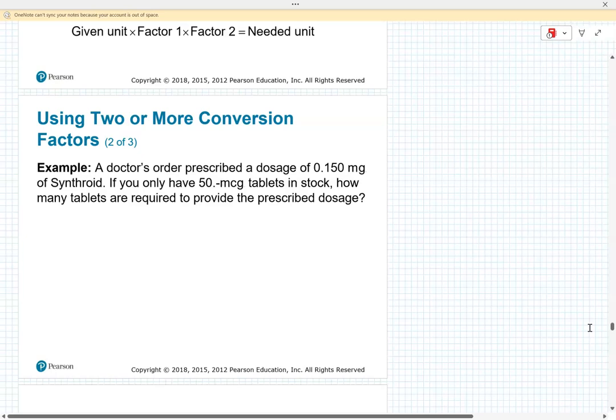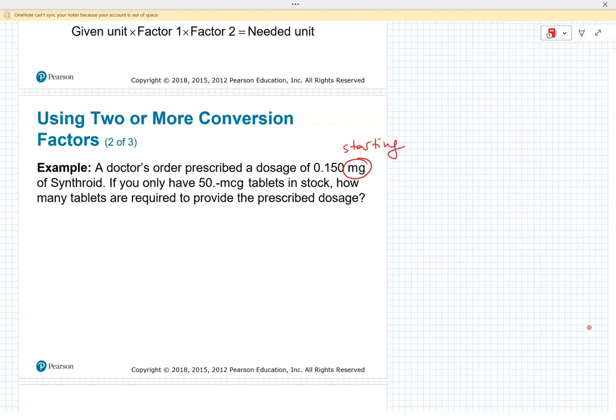So here, what is the starting unit in this problem? Milligrams. What is the final unit? Tablets.